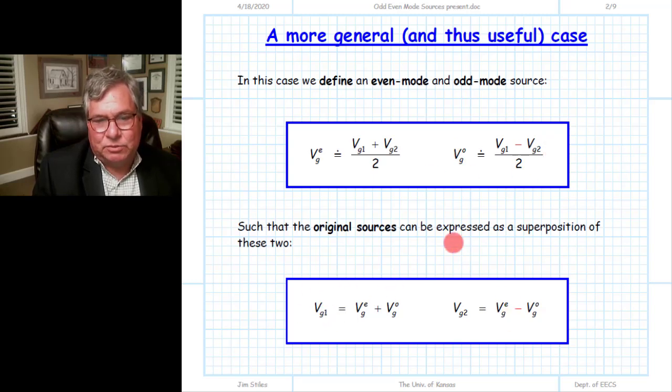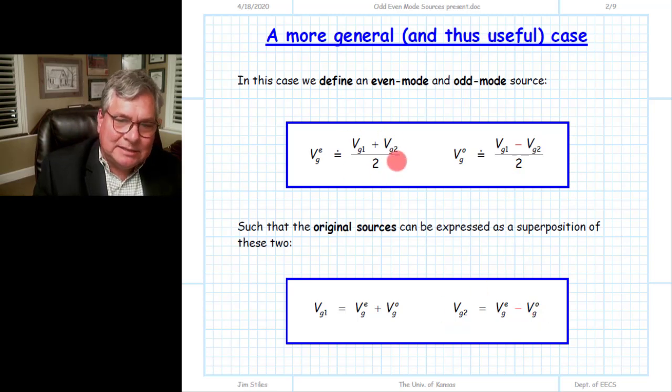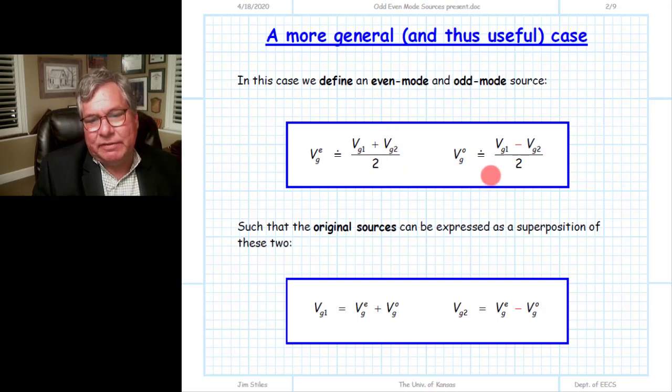Or in the case of VG2, the VG1s will subtract to 0, and you'll be left with simply VG2. So this is the average, and this is a delta, the difference between the two values. We're essentially writing VG1 as the average plus the delta, and VG2 as the average minus the delta.